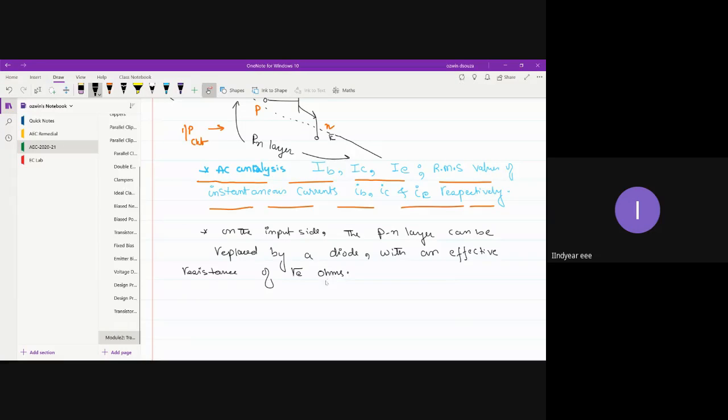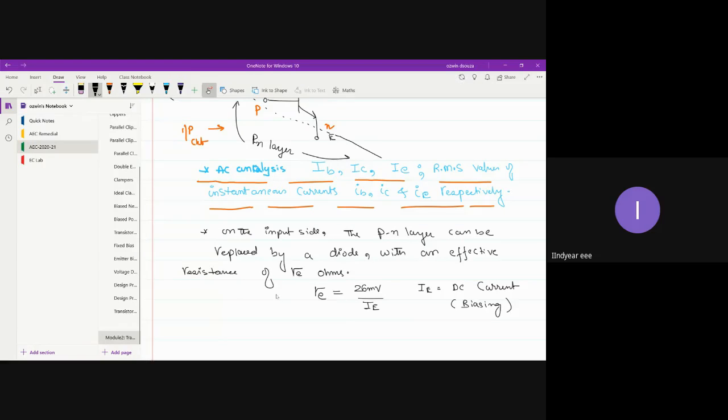I have the standard formula for diode resistance RE: RE is 26 millivolt divided by IE. Remember, this IE is DC current, in bracket you can write biasing current, because biasing is DC operation. That is how you get the value of RE.